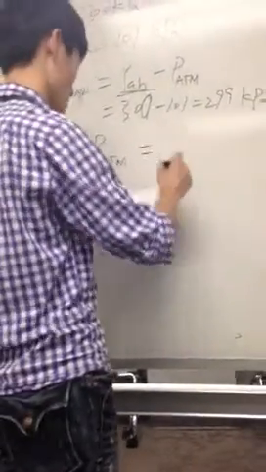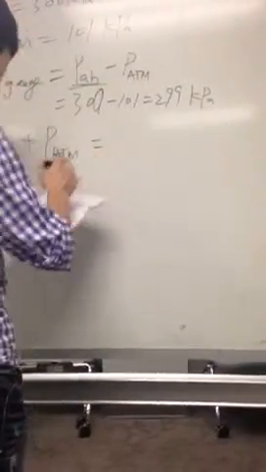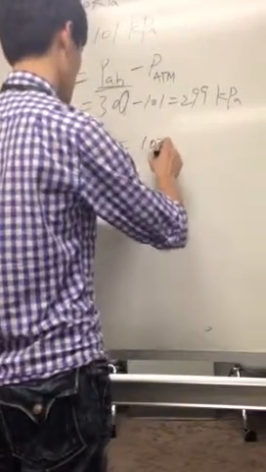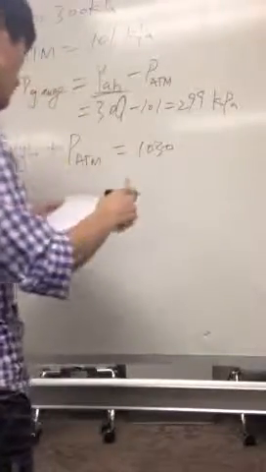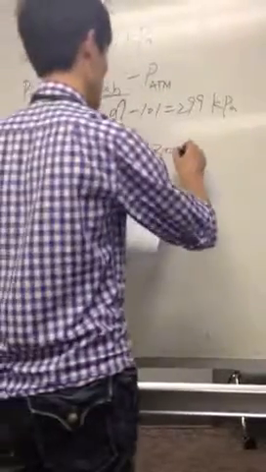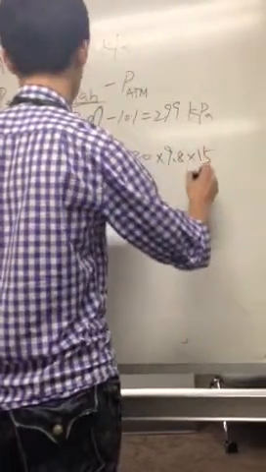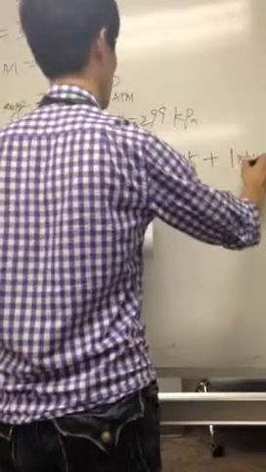So what you got is, because the density of water we gave you is 1030 kilograms per cubic meter, times 9.8 times 15 meters, plus 101 K.